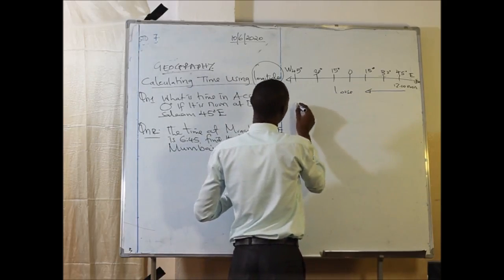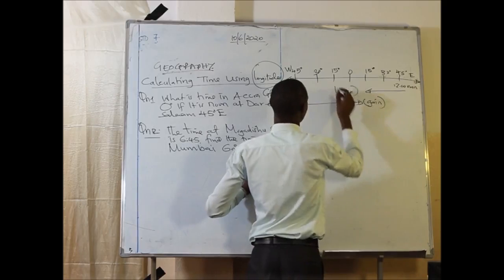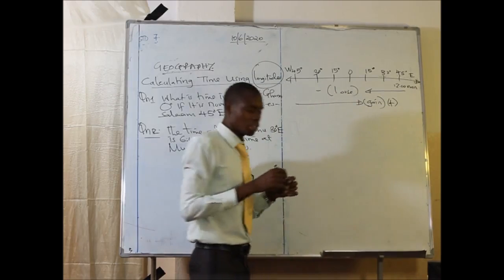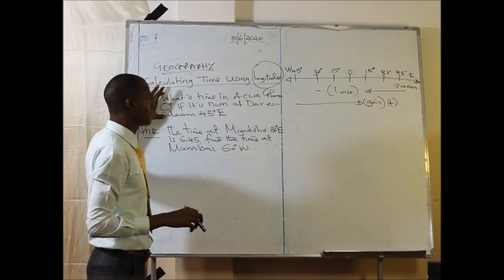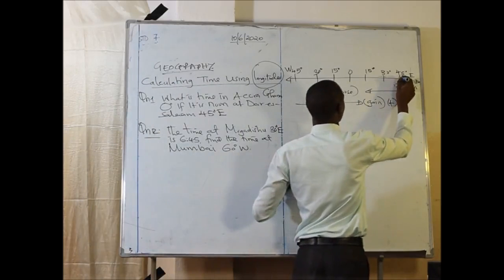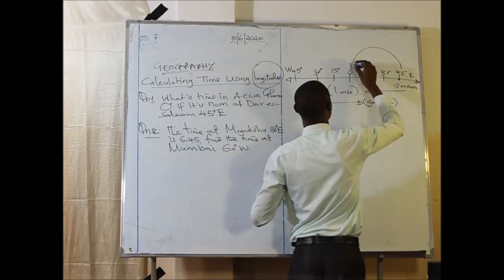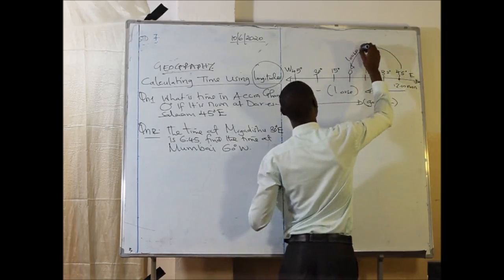But once we are moving from west to east, we normally gain. So this side we lose, this side we gain. According to our question, this person is here and is going to move all the way to 0 degrees. That means that this person will lose.